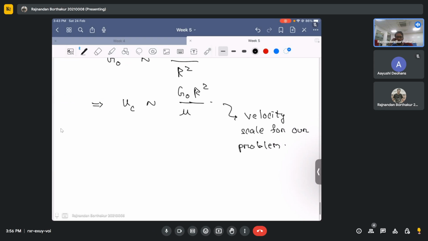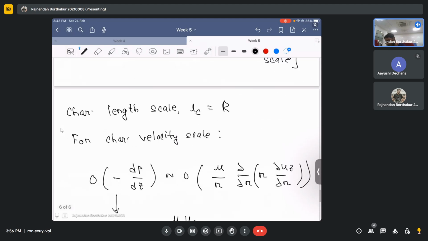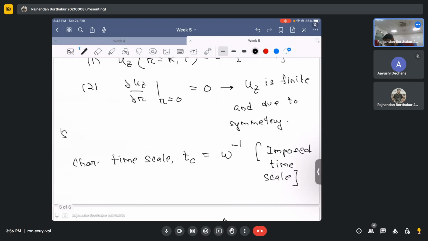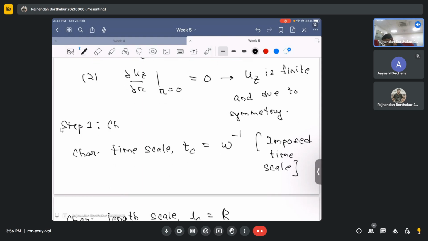Once we are done choosing the scale, the next step is to define the non-dimensional variable. I'll also systematize it by writing the steps. This is step one. Step one is choosing the characteristic scales.